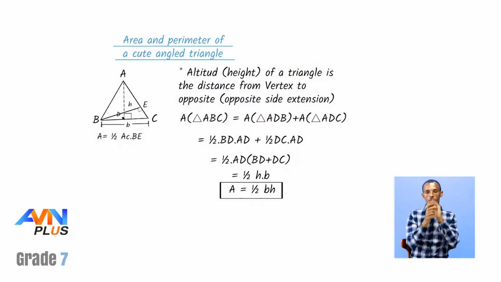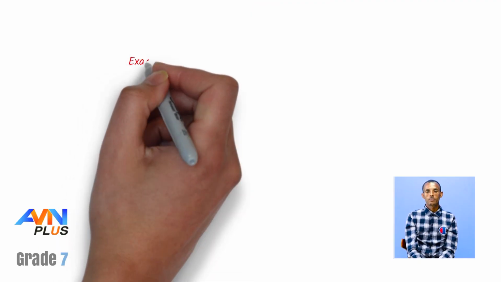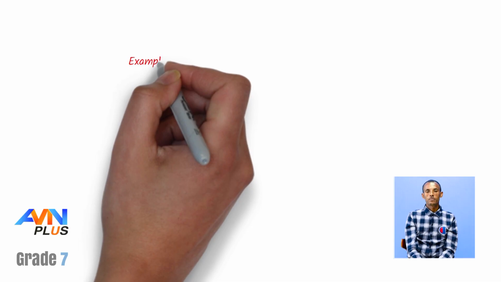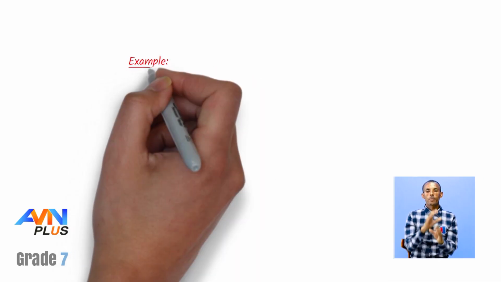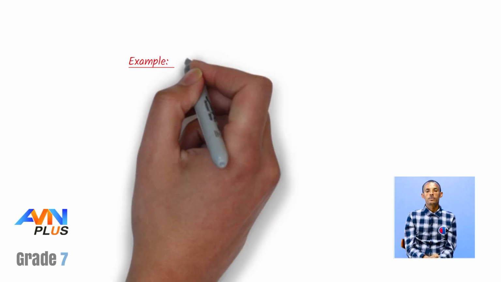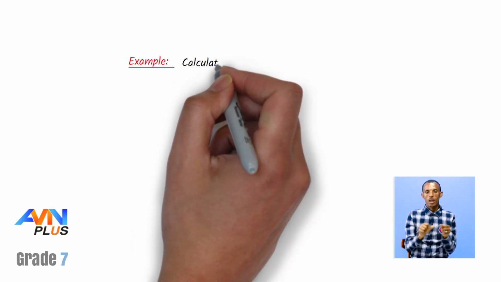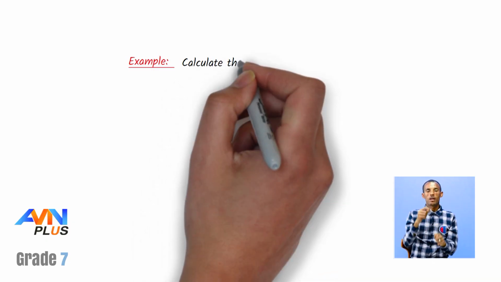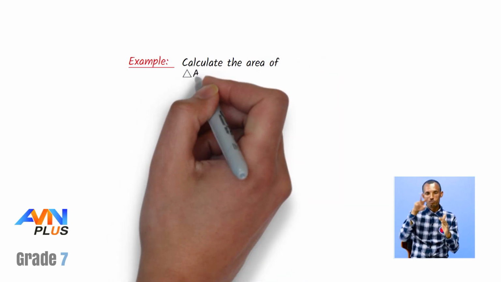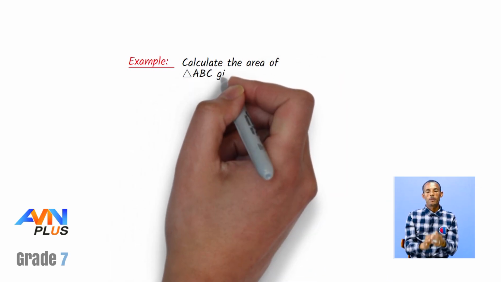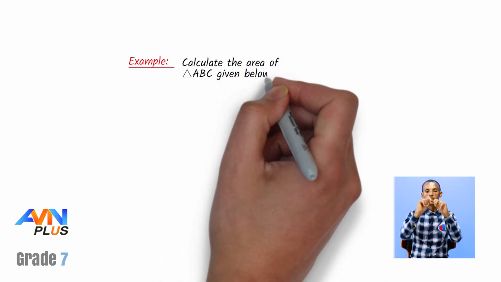Example: calculate the area of triangle ABC given below. Triangle ABC is given here.